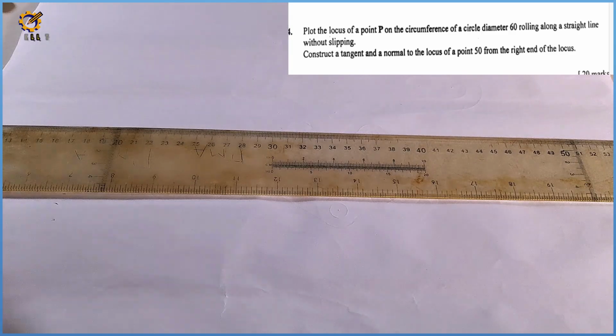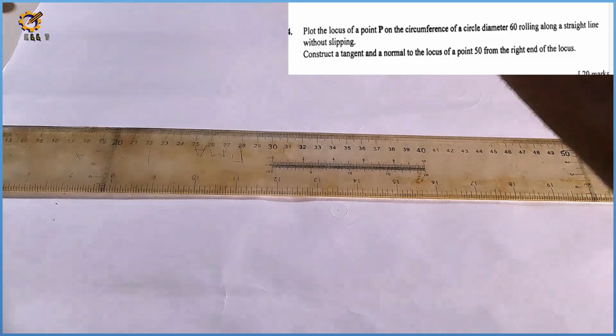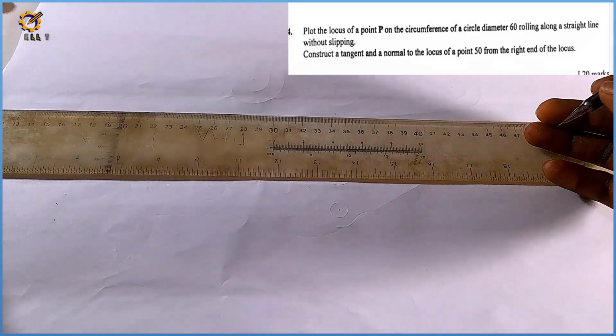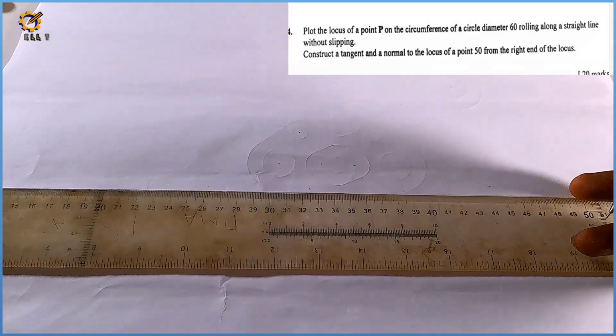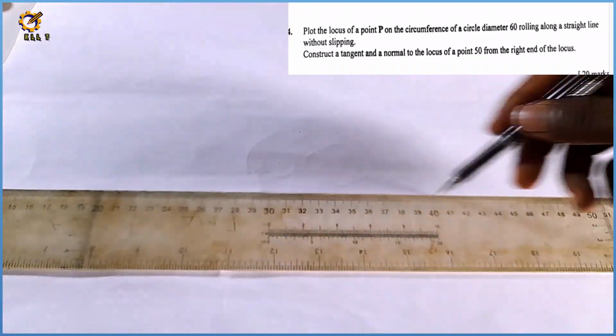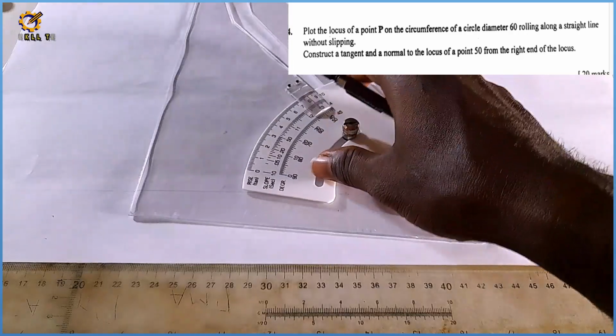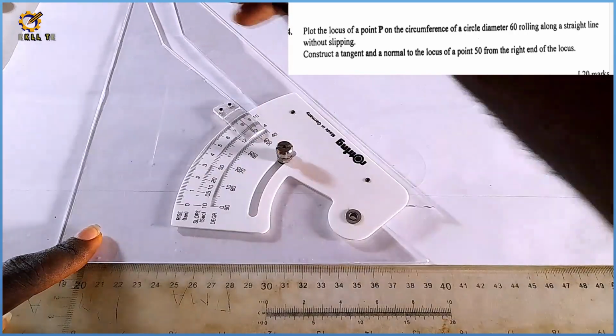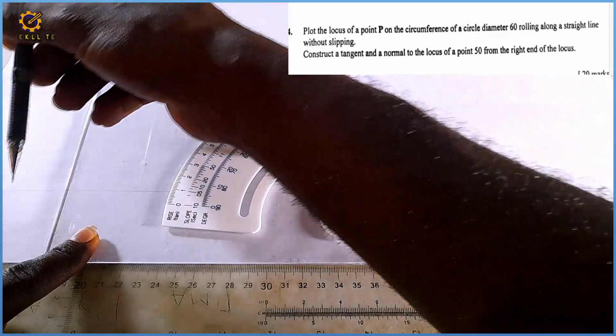Now the very first thing is to produce the cycloid. With my instrument set right here and my T-square, I'm going to draw a thin horizontal line in this manner. Then I'm going to produce a vertical line to it from my left like this. I hope you can see it.